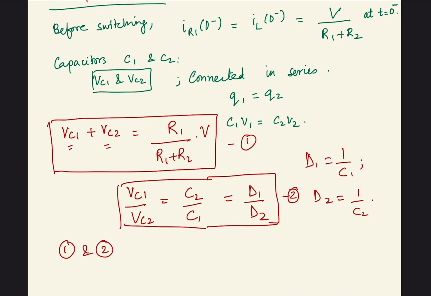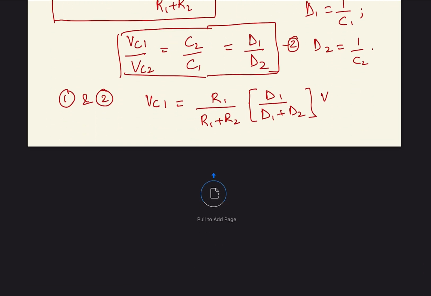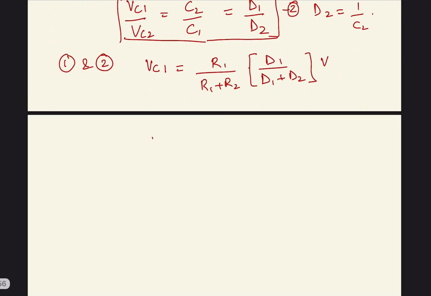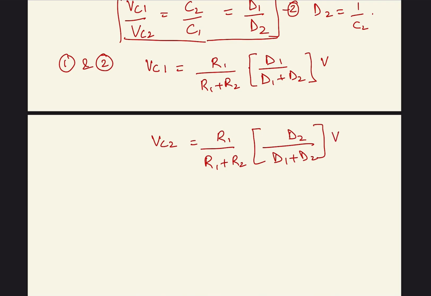what do we get? We get this relation: VC1 is R1 divided by R1 plus R2 times D1 over D1 plus D2 times V, and similarly VC2 will be equal to R1 divided by R1 plus R2 times D2 divided by D1 plus D2 times V. Okay, this is easy to show.